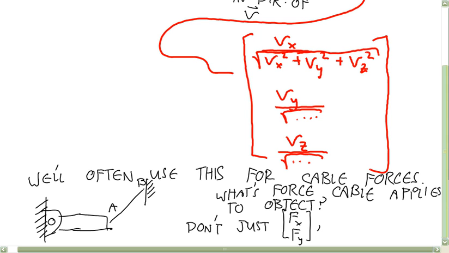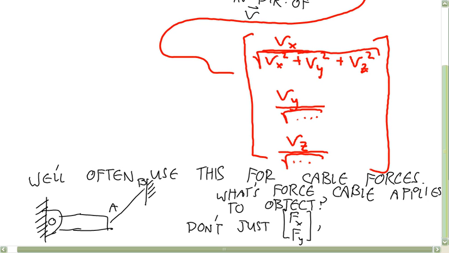So what we'll do is calculate the vector pointing from A to B, because we know the force vector acts in that direction.